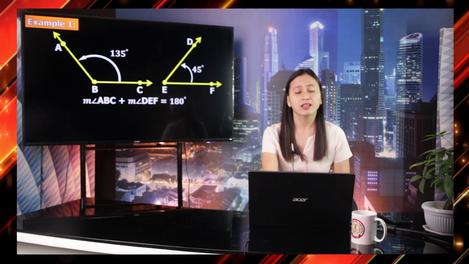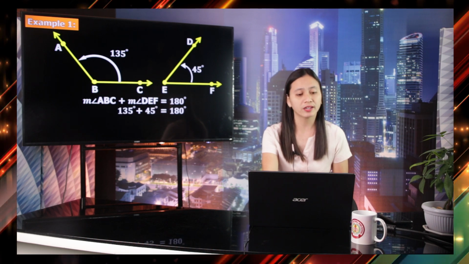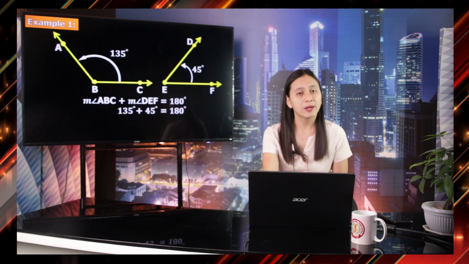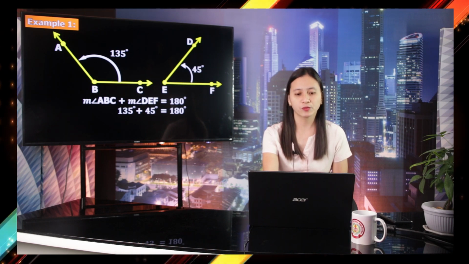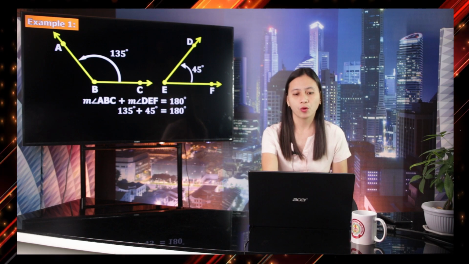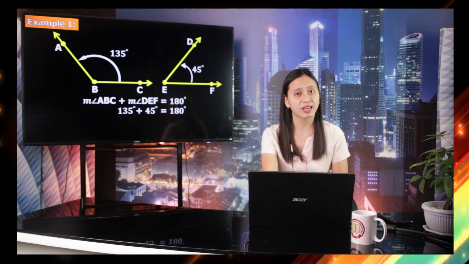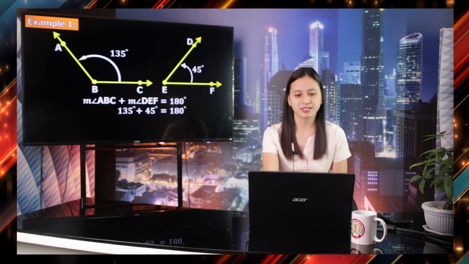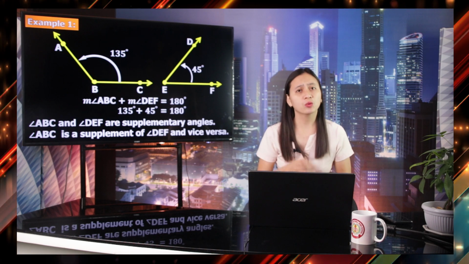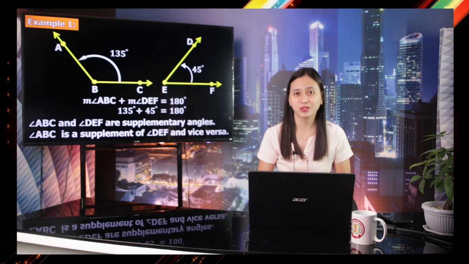Because, again, the measure of angle ABC, which is 135 degrees, plus the measure of angle DEF, which is 45 degrees. So 135 degrees plus 45 degrees is equal to 180 degrees. So the two angles have a sum of 180 degrees.